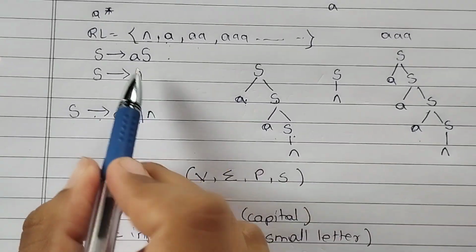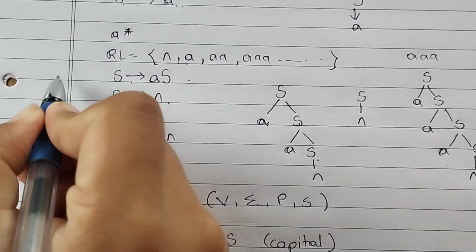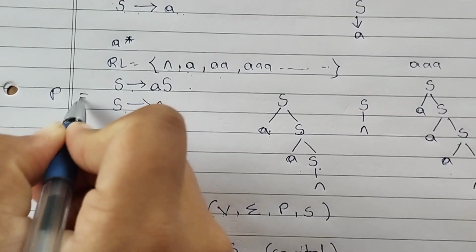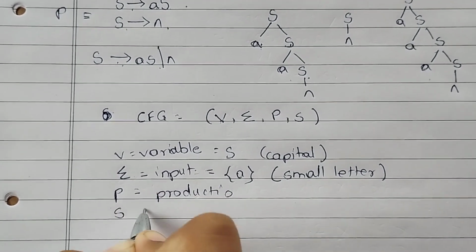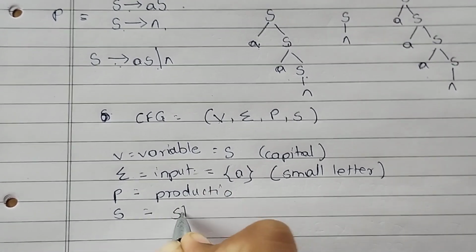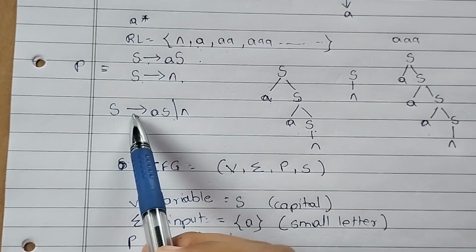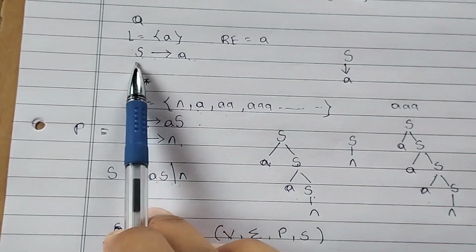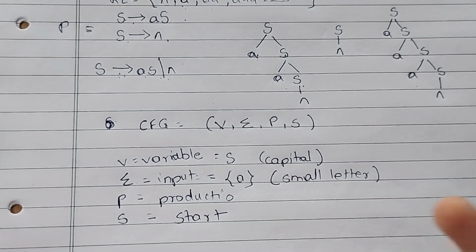And production means this: S reads A S, S reads null. These are the production. And now S. S is the starting variable, starting symbol. So we start from this S.